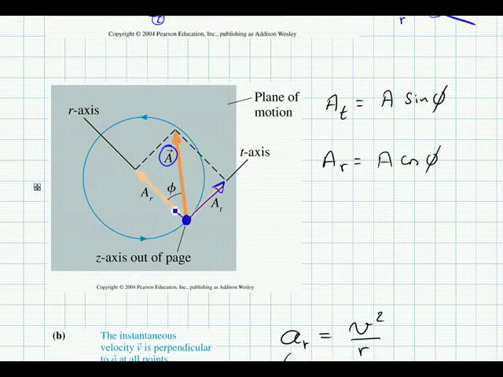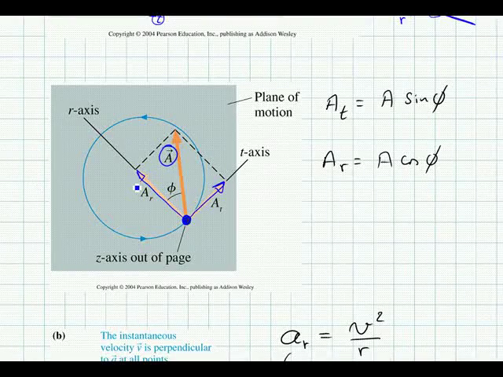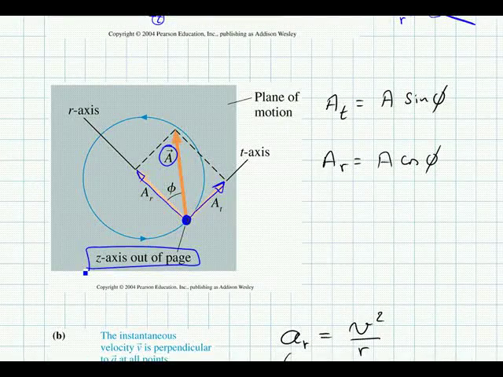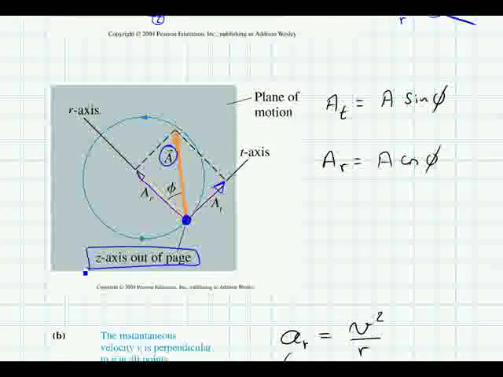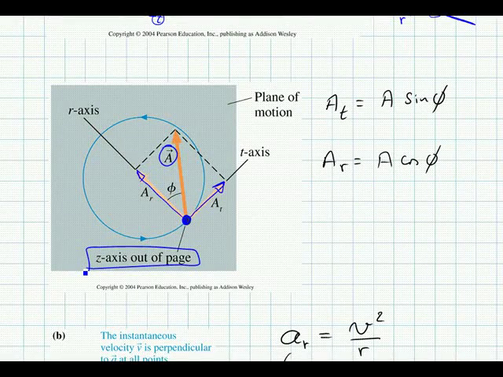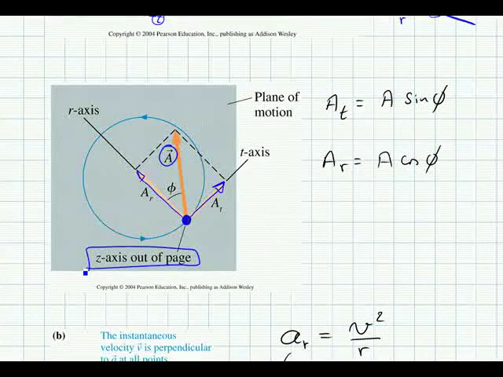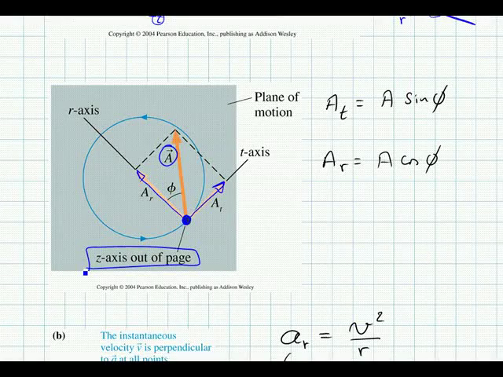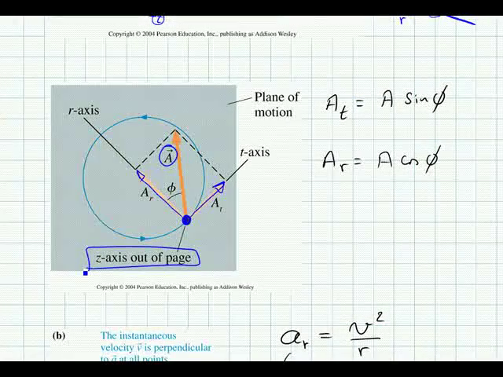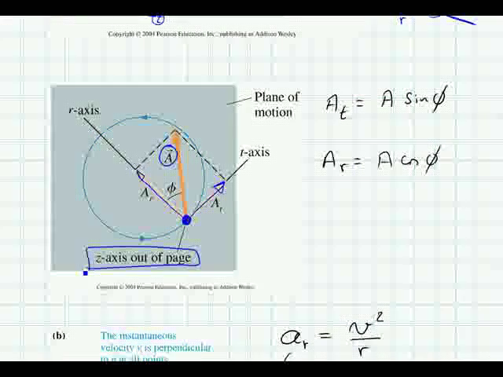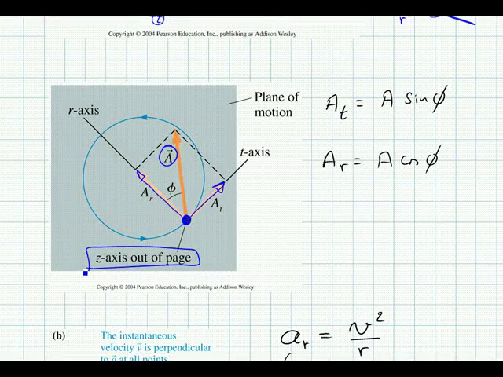AR is along the radial direction, and the Z is out of the page, pointing directly at you. In the problems that we'll be dealing with, we are not going to consider yet any components sticking out of the page or into the page. So let's just focus on the T and the R components for the time being.